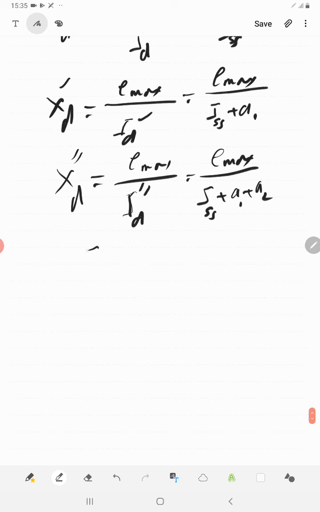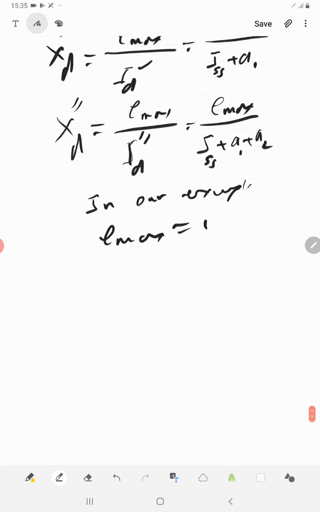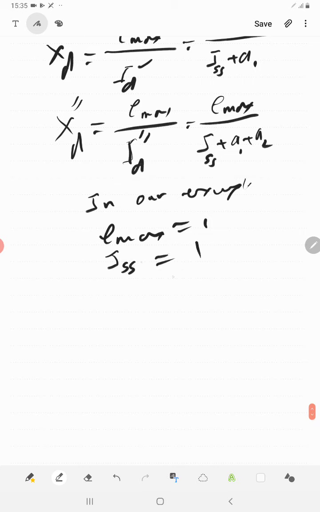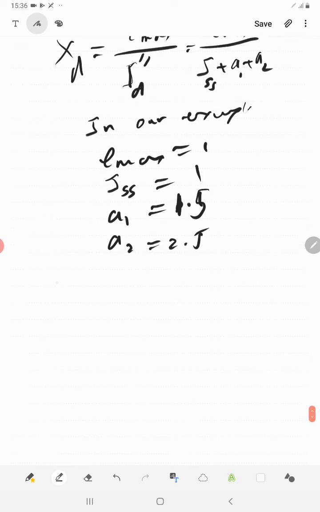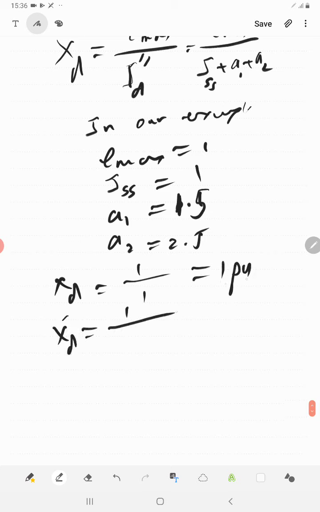So in our example, E maximum equals 1, I steady state equals 1, A1 equals 1.5, and A2 equals 2.5. So XD equals 1 over 1, this is 1 per unit. XD transient equals 1 over 1 plus 1.5, that's A1, which is 1 over 2.5 per unit.